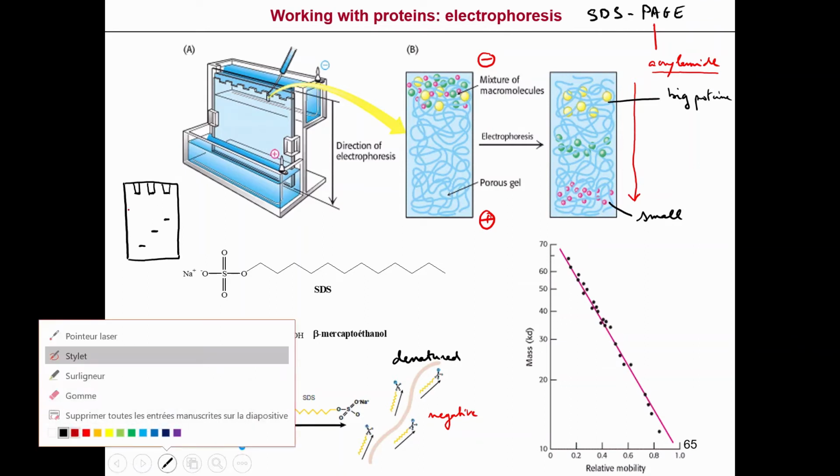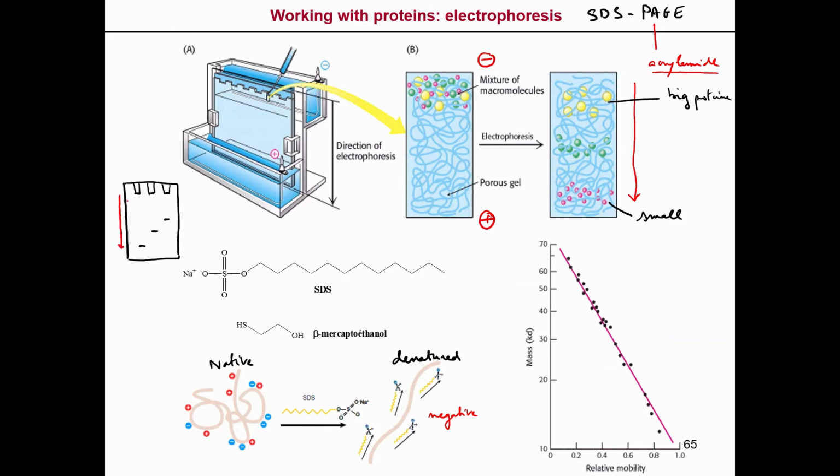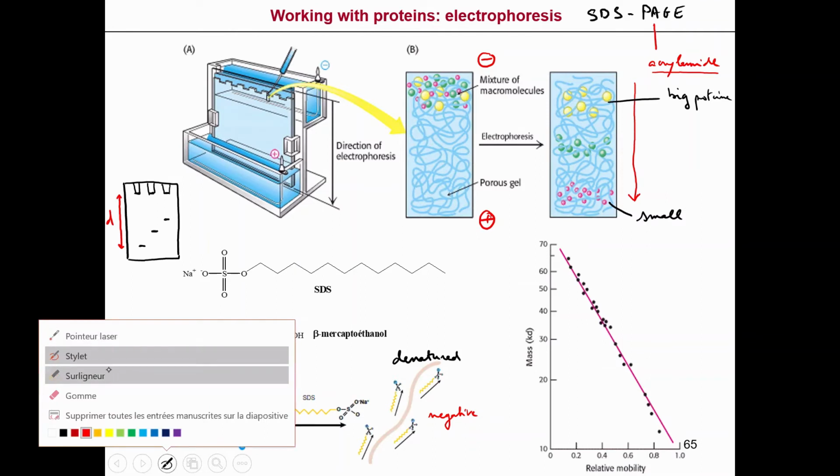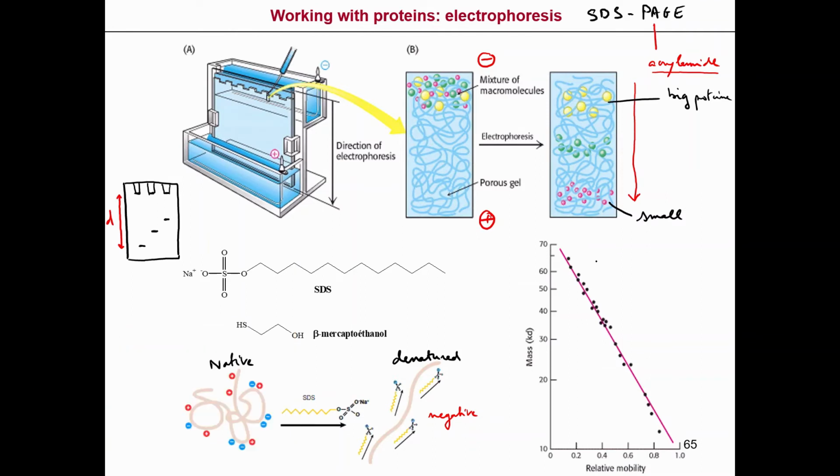You will measure this distance between the deposition and the end of the experiment, and this distance of migration, d, you can plot, and you will have this relation between the logarithm of the molecular weight. You have a plot, a line between this and the distance of migration. Okay?